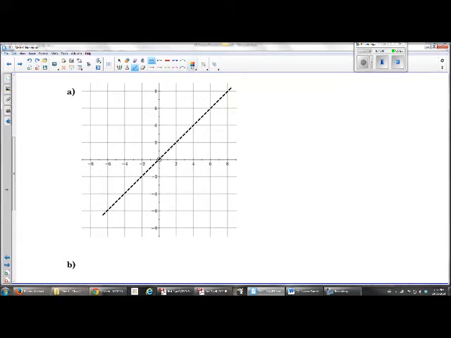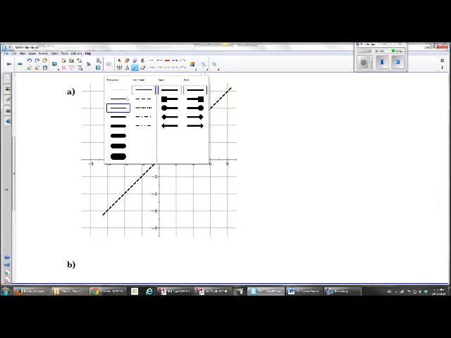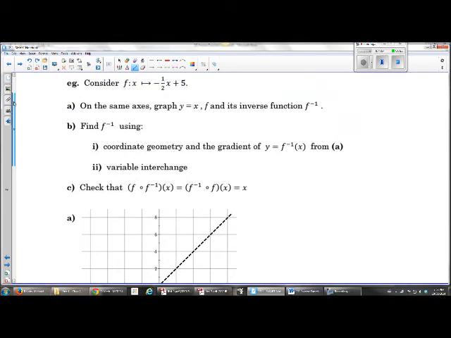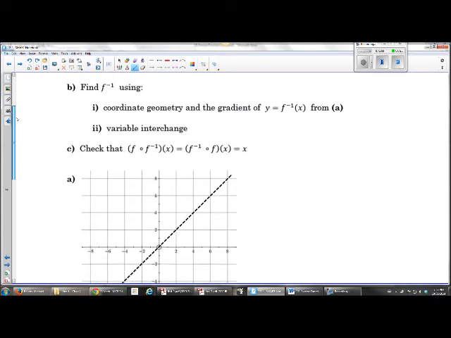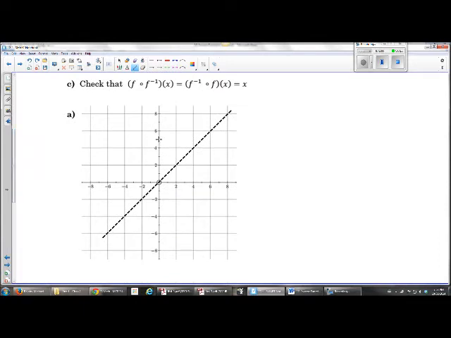Now I'm going to draw the function negative 1/2 x plus 5, meaning it's going to go through 5 and go down 1 and over 2. Let's see if I can draw this. Hopefully that is about right. And I'll extend it up in the other direction also to the best of my ability.